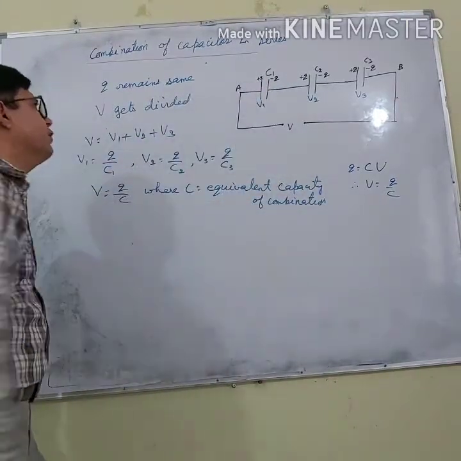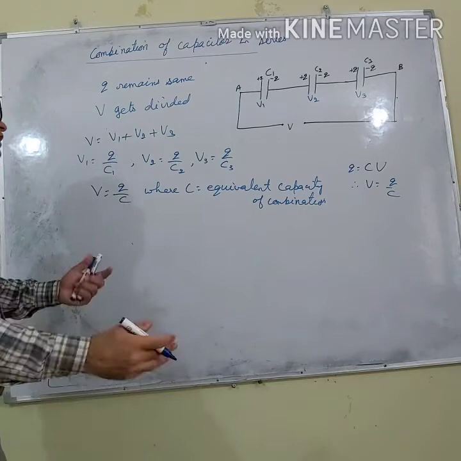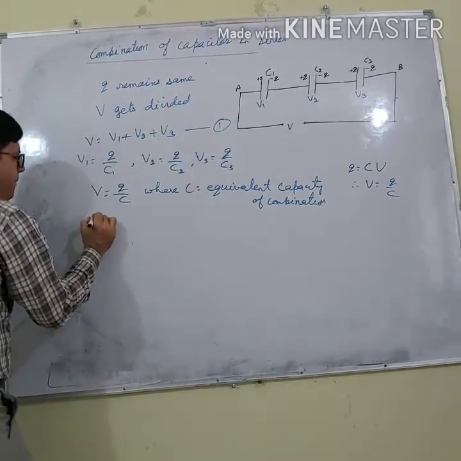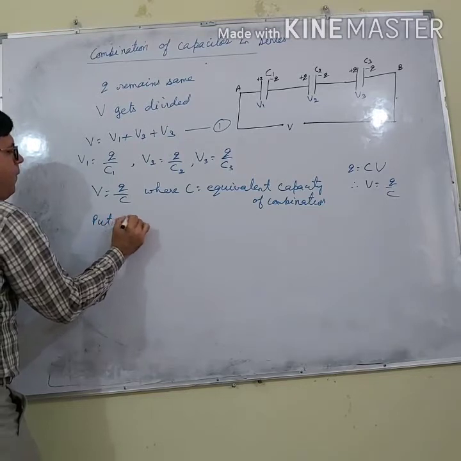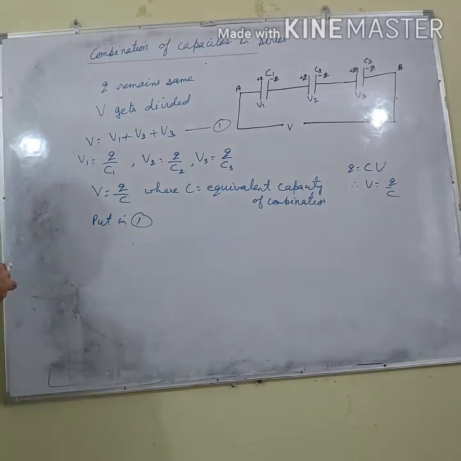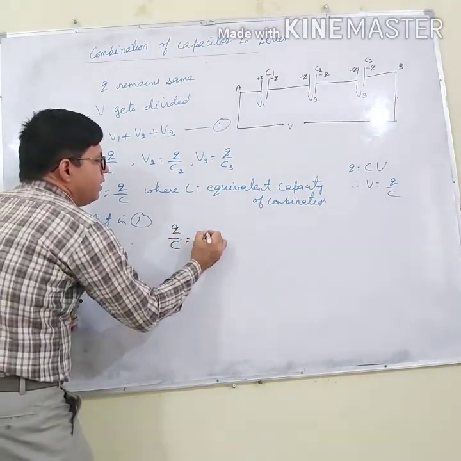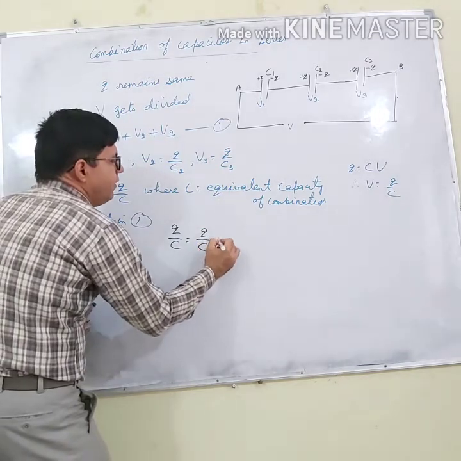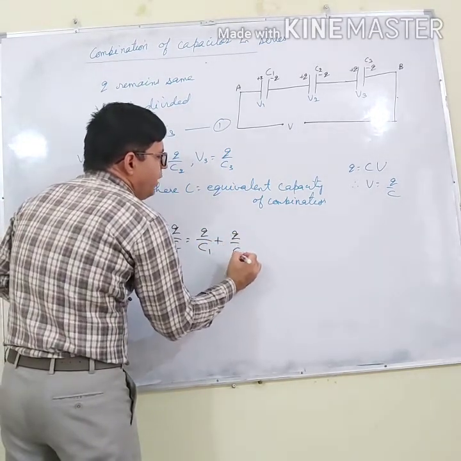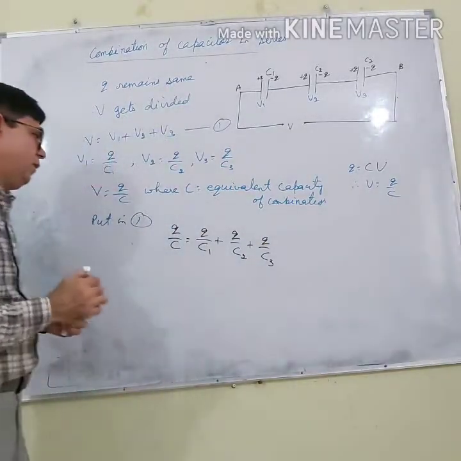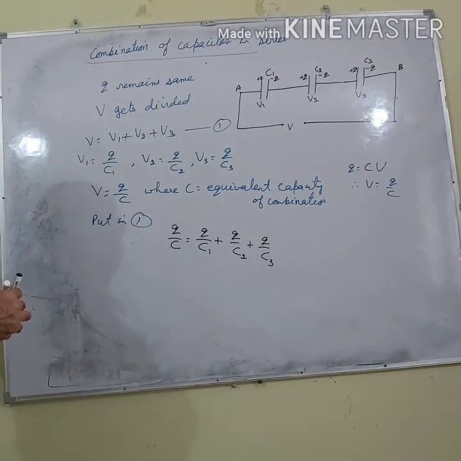So if I say what is the total capacity of this combination, you will say C. So put in 1. When you put in 1, what do we get? We get that V equals Q over C, it equals Q by C1 plus Q by C2 plus Q by C3. So what is common here?